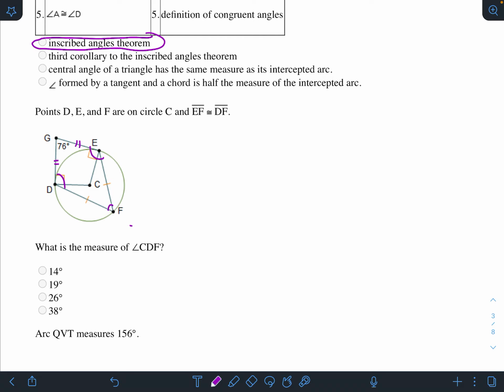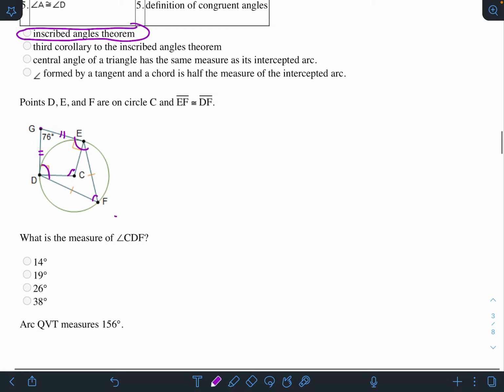Okay? And angle G is a circumscribed angle. So I know that since it is circumscribed, the angle plus the central angle is going to be supplementary. So this 76 plus the measure of angle C, or DCE, is going to be 180 degrees.